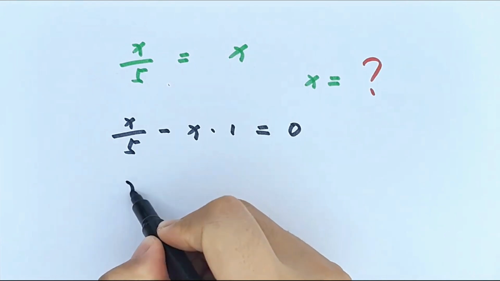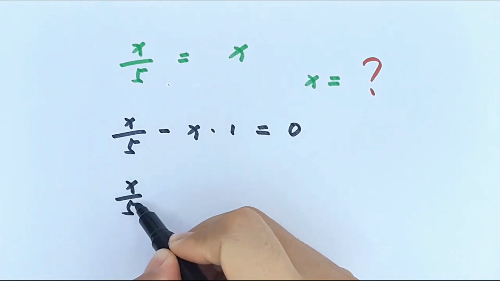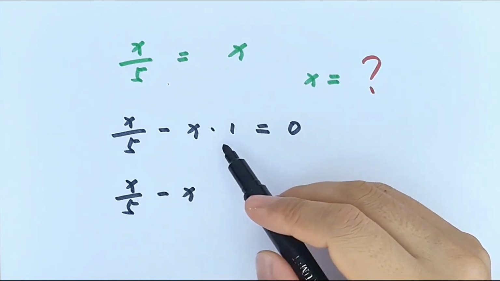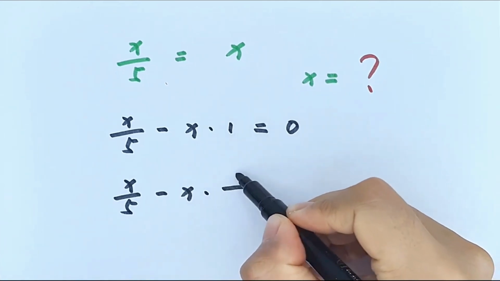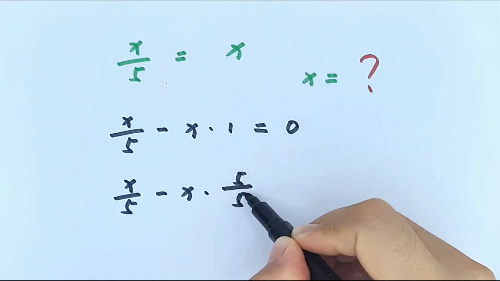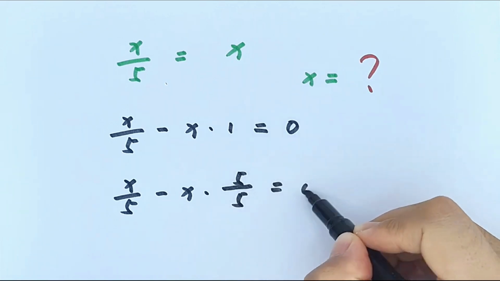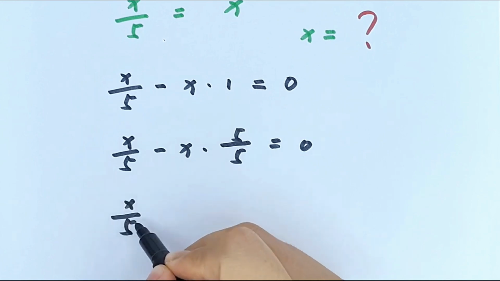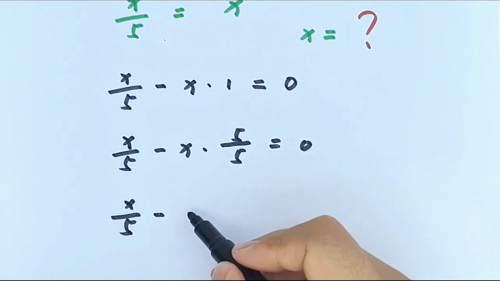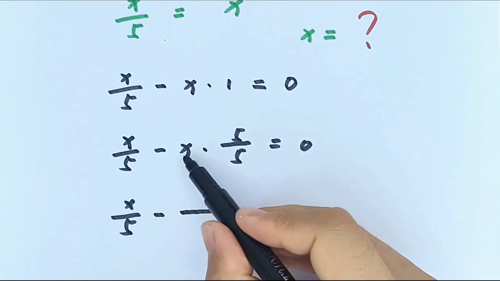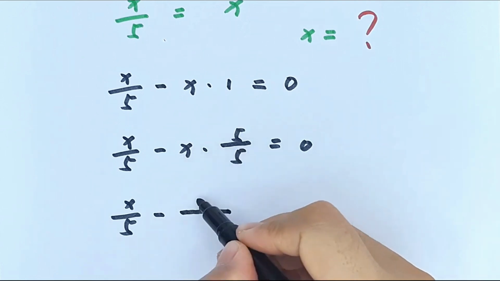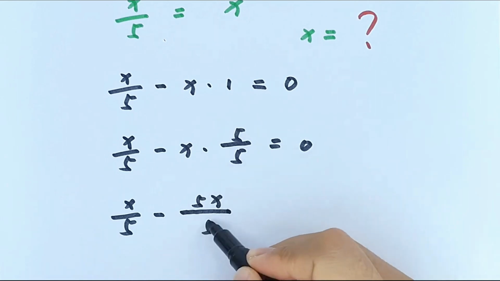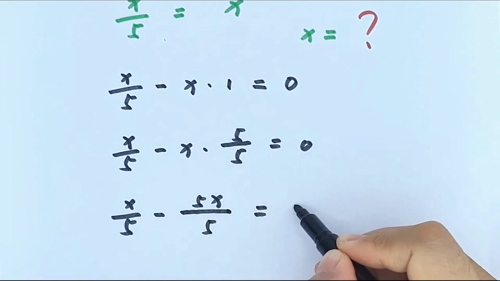Then x over 5 minus x times 1 is the same as 5 over 5. It will be x over 5 minus x times 5 is 5x, then divided by 5 equals 0.